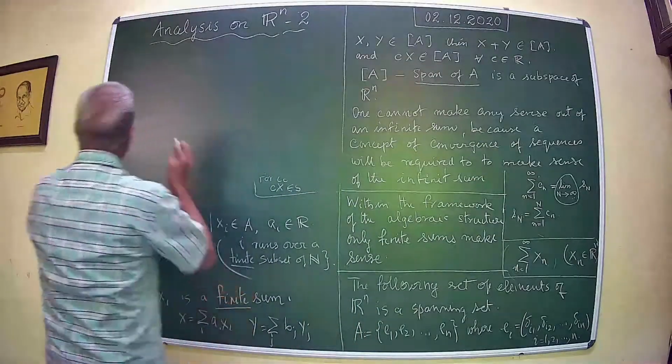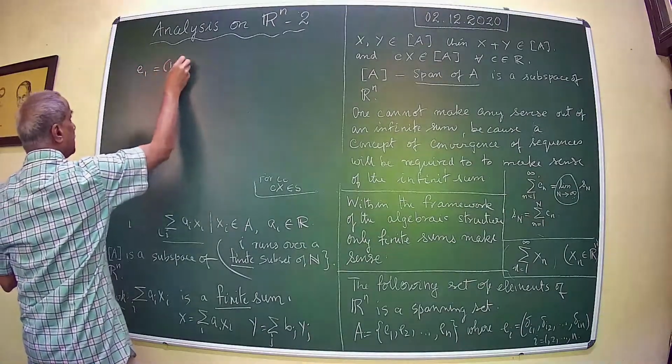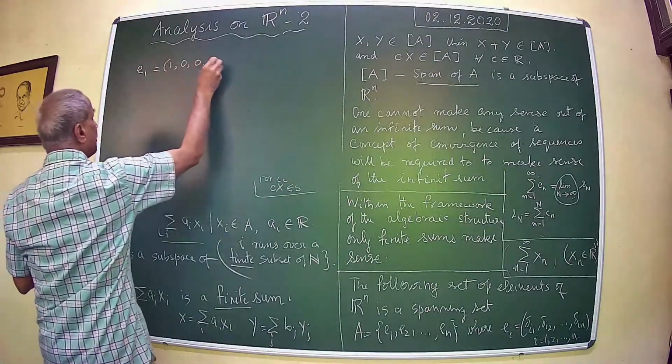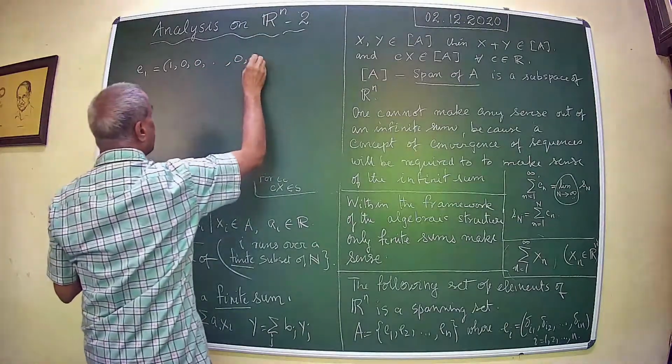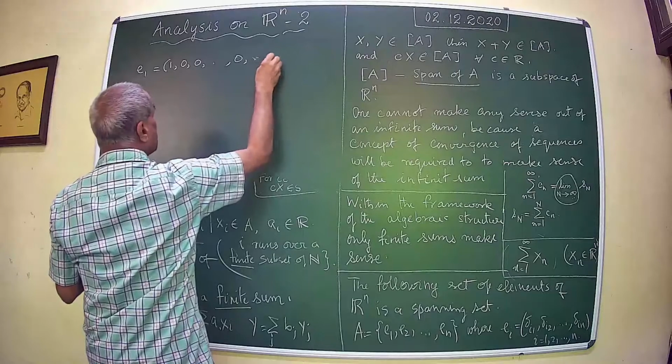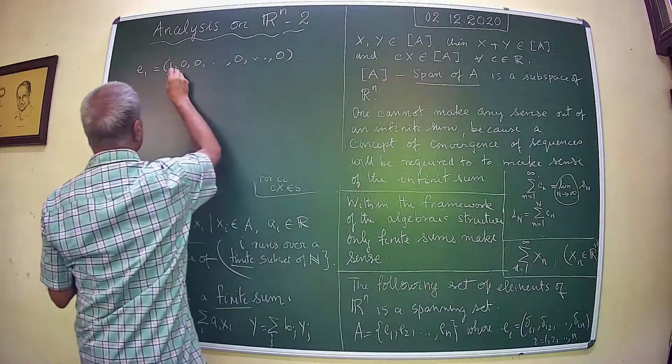See that the elements of the set are e_1 equal to 1, 0, up to 0. There are n entries.